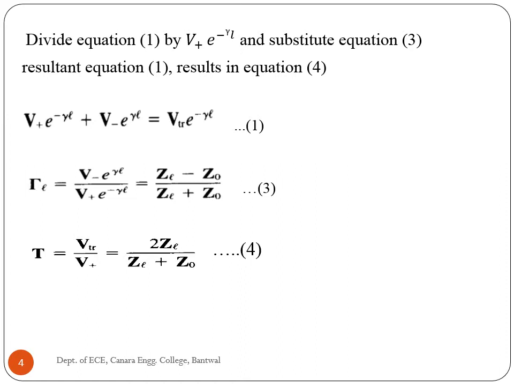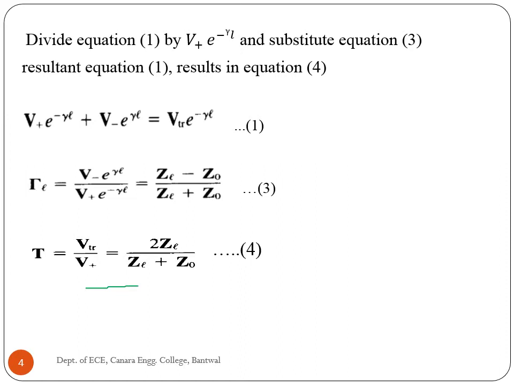Now divide equation 1 by V plus e to the power minus gamma L and substitute equation 3 into the resultant equation of 1. We will get equation number 4, that is the transmission coefficient equation.